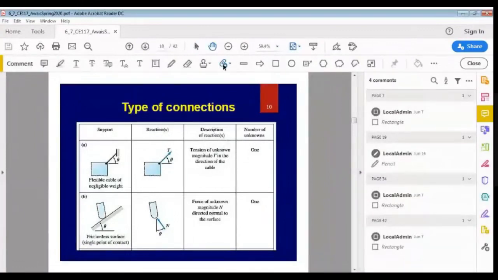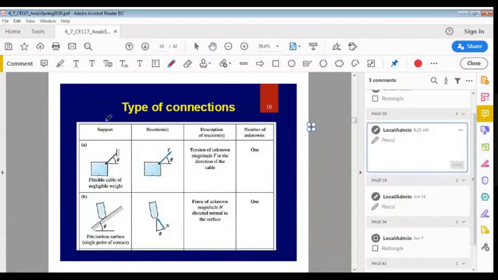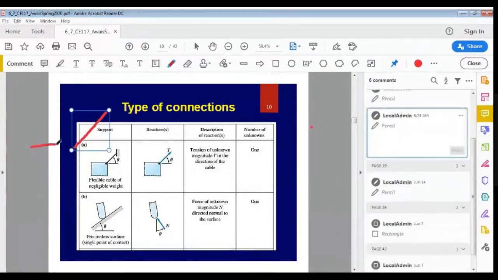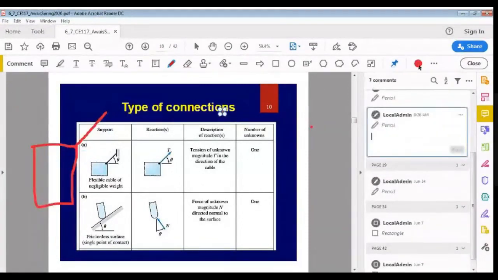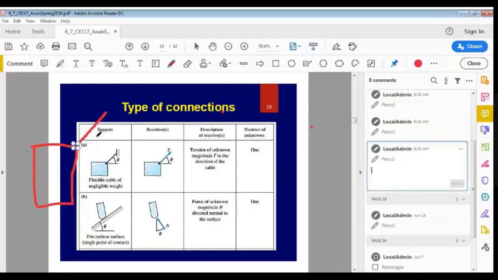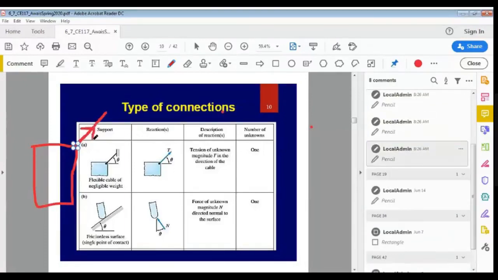Okay. So if I want to show the pulling action by the rope or by the cable on a rough page, for example, let's say this is a cable, and let's say this is that body. And now let's say I want to show the tensile forces. In order to show that this rope is trying to pull the body, I have to apply a force in this particular direction.